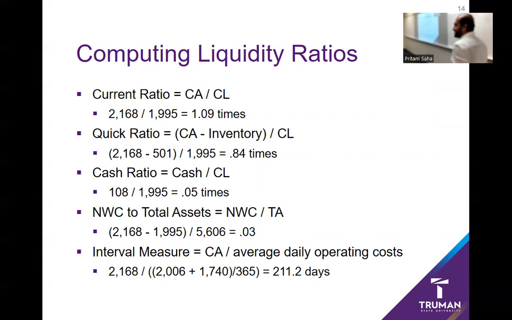So working capital is current assets minus current liabilities, right? So this is just the ratio. When we have a current ratio of 1, what is the interpretation? We have 0 working capital, right? So if the current ratio is 1, that means 0 working capital.